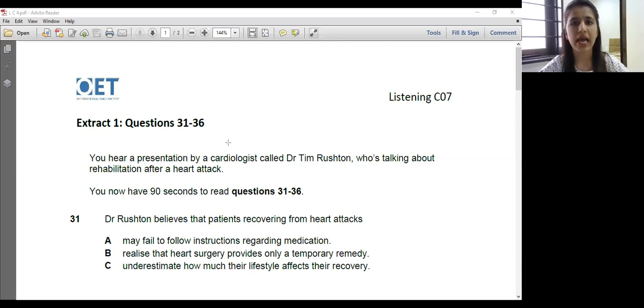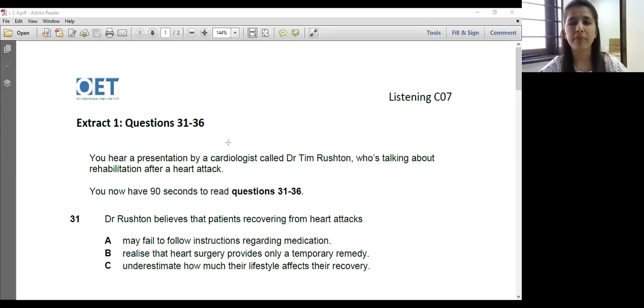And towards the end, they would talk about the future implications: how it can be improved, what changes they would like to see in this system or program, or the prospects of this particular test in the future. So for the majority of presentations or interviews, this is going to be the framework.